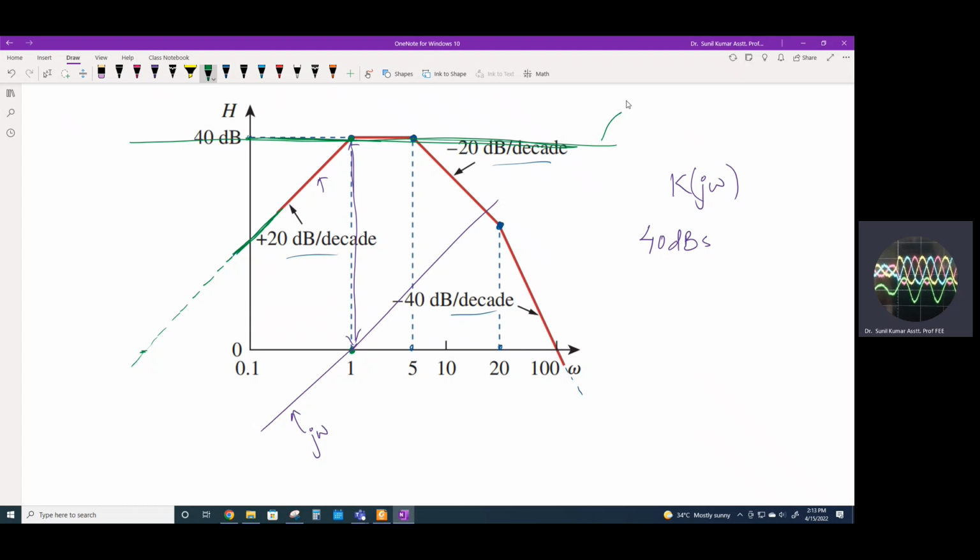So we call this 20 log of k, which is 40 dBs. From here we can find the value of k, which comes out to be 100.